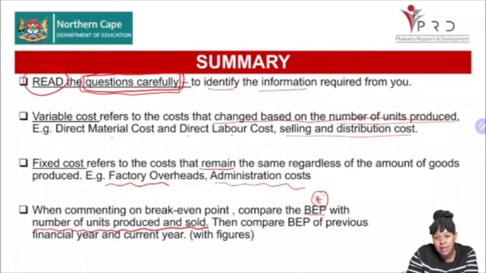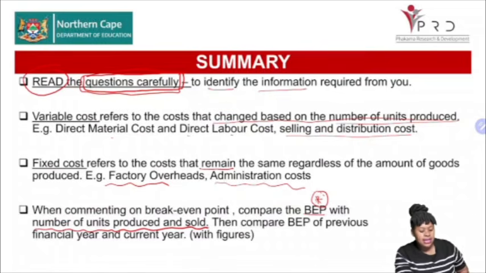And then sometimes the examiner can talk about you comparing the break-even point with the break-even point. So you must read so that you're able to maximize the amount of marks that you are going to get overall. Okay. And also pay attention to the mark allocation that is given in your question paper so that you can answer the question and get all the marks that you should be getting.